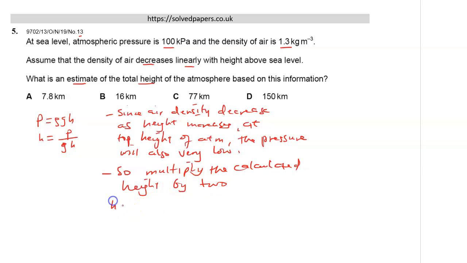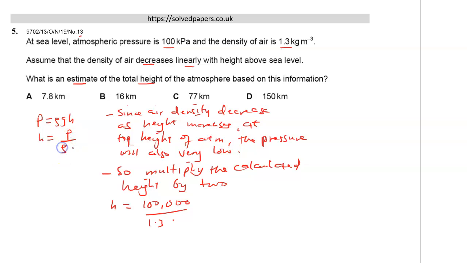This is what I mean. Height will be equal to pressure of 1000 divided by g times 1.3. Actually, this 1.3 was density here, not pressure.